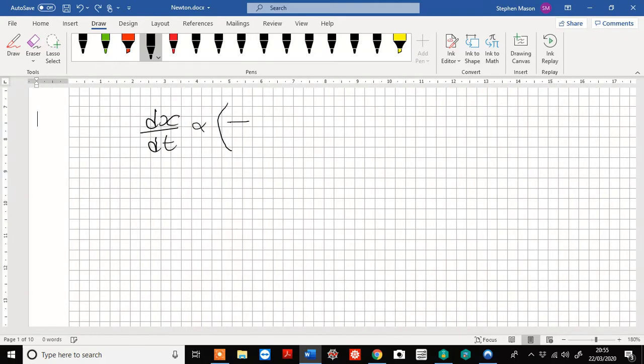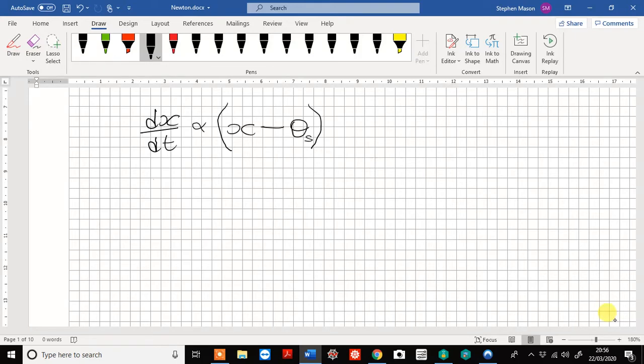We're using X, aren't we? So it's proportional to X minus the surrounding air temperature, which we'll call theta S. This expression isn't much use to us until we can change it into some kind of an equation. What we really want is an equal sign here.